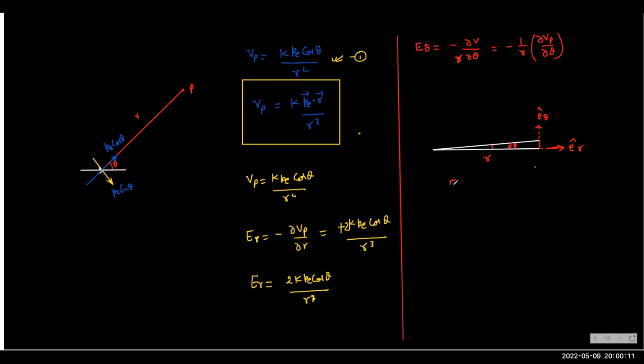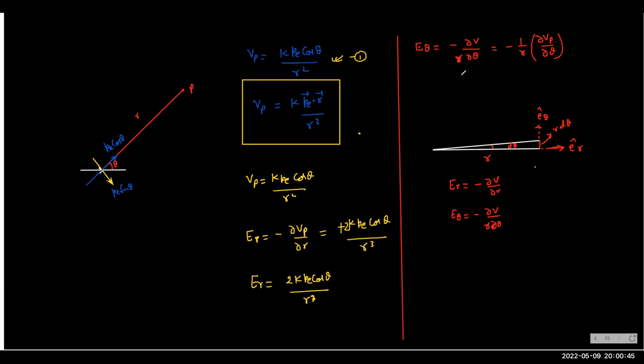The electric field in the radial direction we can write as minus del V by del R, so you move along R. So how to find E theta? How much do you move along this direction? What is this length? The length is R d theta. That's why we write R d theta; we are writing distance, not the angle.